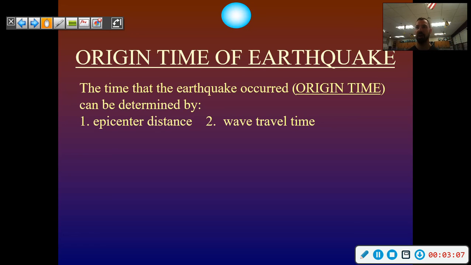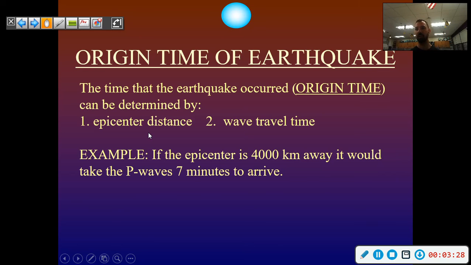Origin time: they're going to give you clock times. If you see a clock time, you don't use that with the reference table page. Instead, you use the P and S wave arrival times first. The time the earthquake occurred, the origin time, can be determined using the epicenter distance and your wave travel times provided.